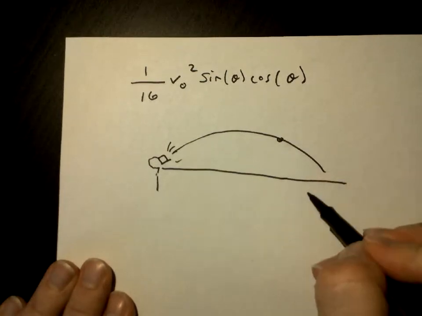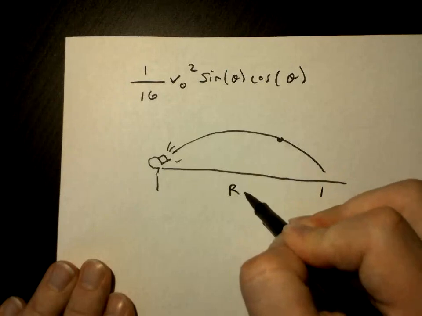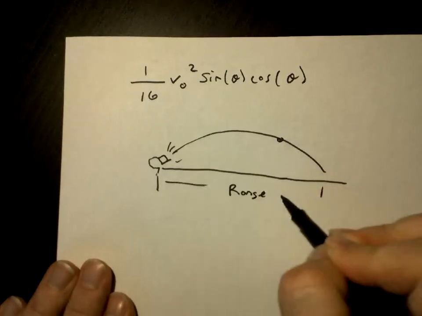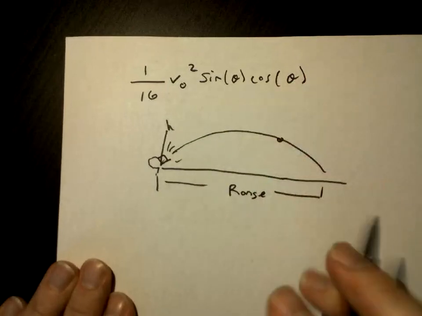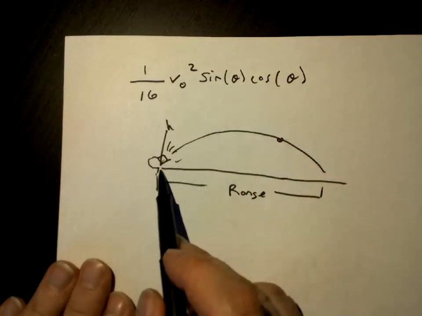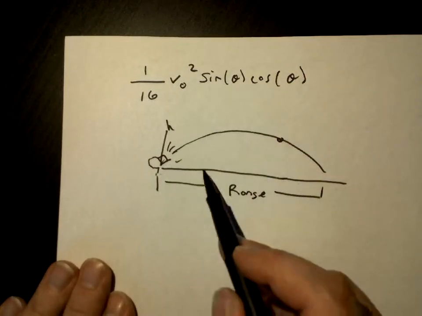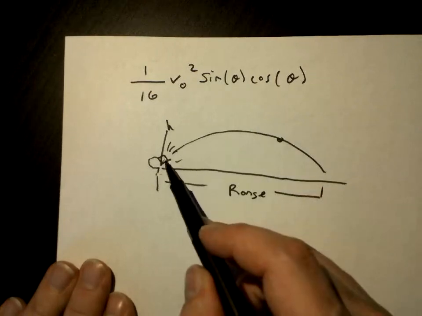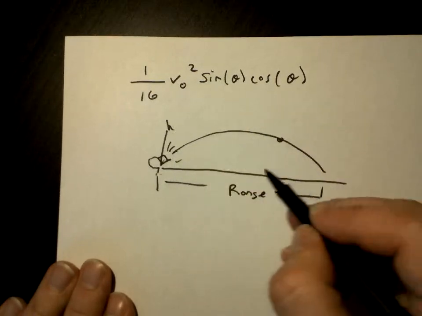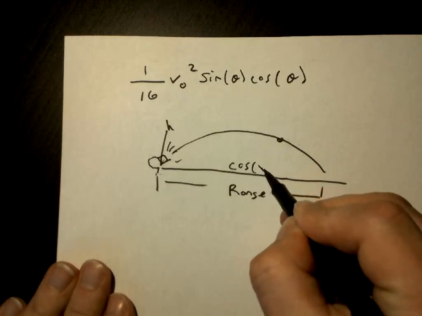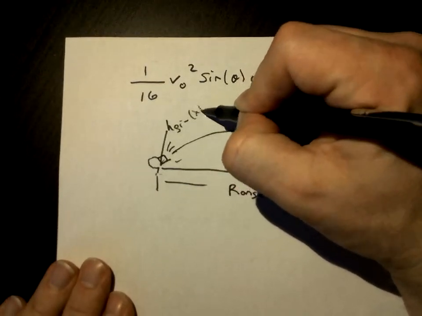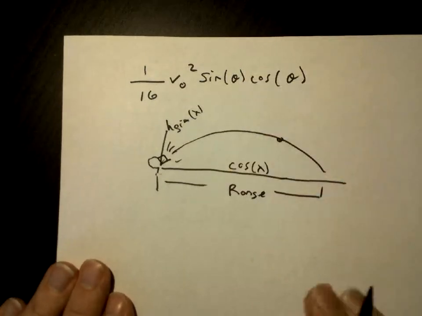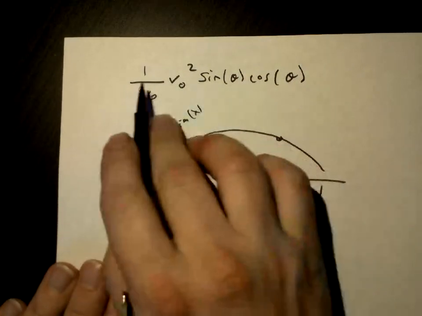And this part right here, I do believe, is called the range in a physics class. And the height is up here. So remember that you're going this distance, but you're also going the y distance. So you can think of this as your cosine, and this is your sine. That's where it comes from, the unit circle. So anyway, that's where this comes from.